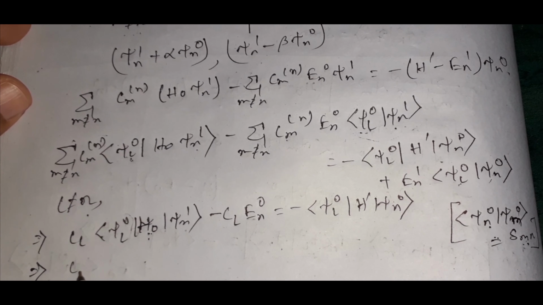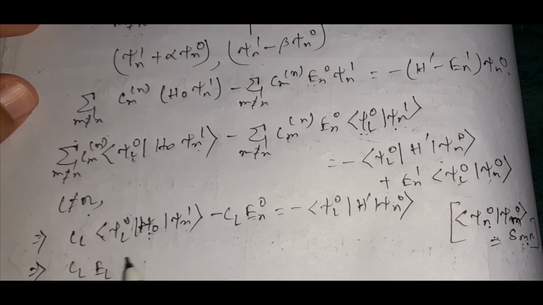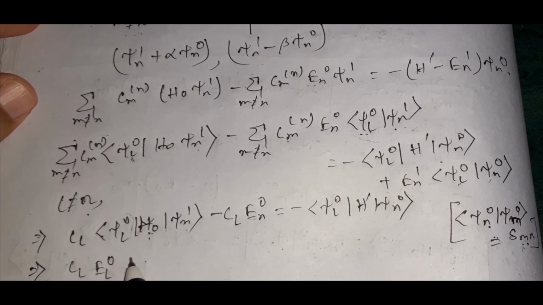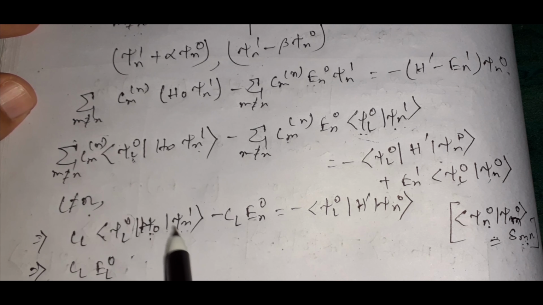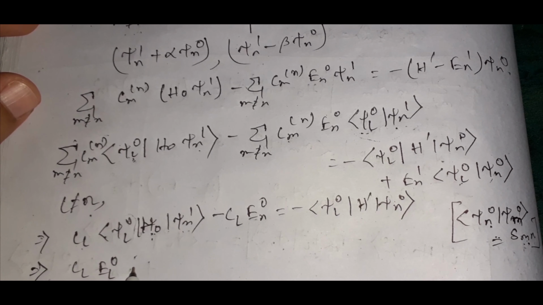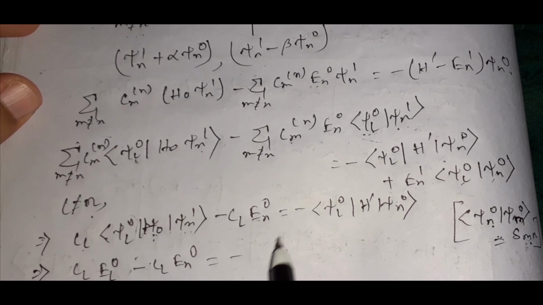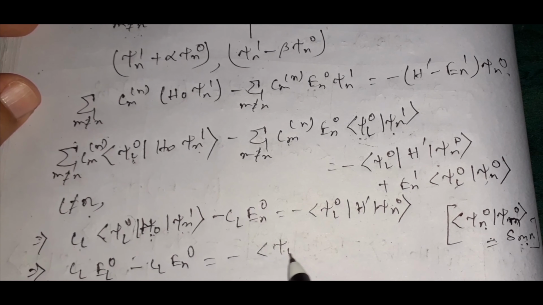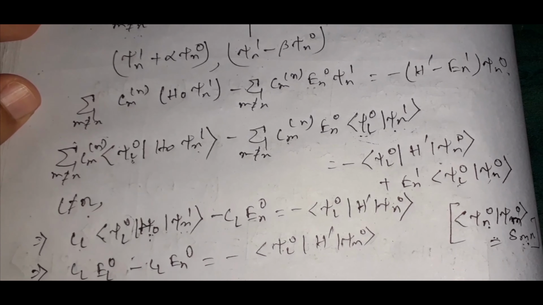Let's take it as EL0, and then ψL0 operating on ψn1 definitely gives CL, as I wrote earlier. So CL En0 minus ψL0 H prime ψn0.